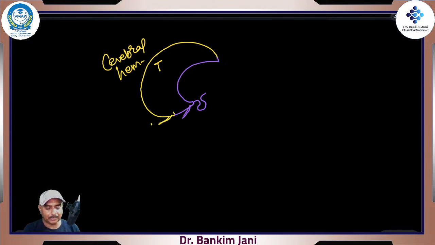So this would be the olfactory, this would be the optic, this is the pituitary, and this is the diencephalon. Moving further, there will be the flexure, and then there is the mesencephalon.